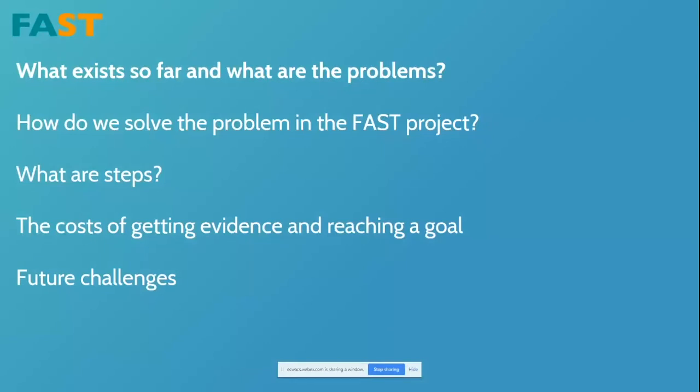Basically like state transitions where we have a goal and we have to provide certain evidence on the way. And then, of course, also the cost, which is a very important factor in this whole user experience. It's not a monetary cost. So I'm talking here really more about the effort which we have for each step and for providing evidence. And in the end, if I still have time, I will look into some future challenges we are also looking into.